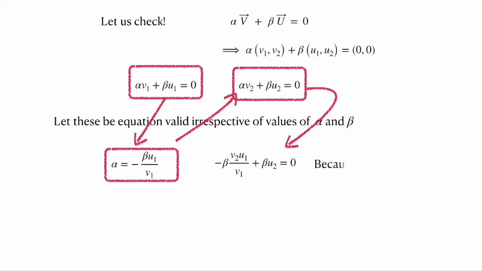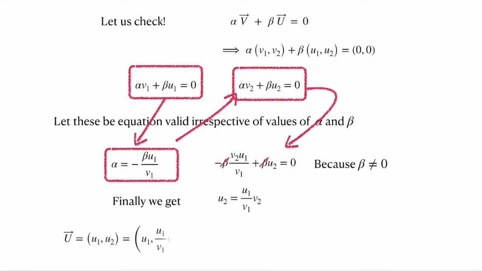Since beta is not equal to 0, the other factor multiplying it has to be 0. From this condition, we get u2 in terms of v2, that is u2 equal to u1 by v1 times v2. Substituting this back into u, after some trivial simplification we get u as u1 by v1 times the vector v.